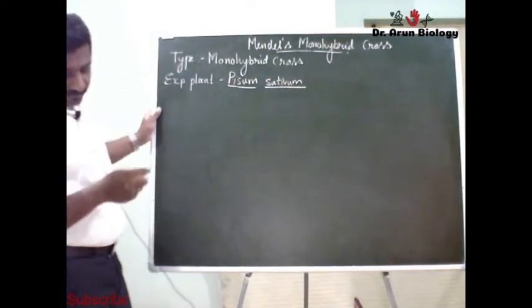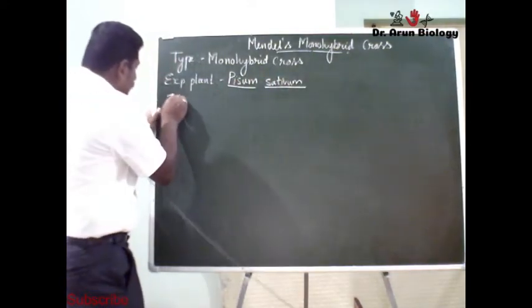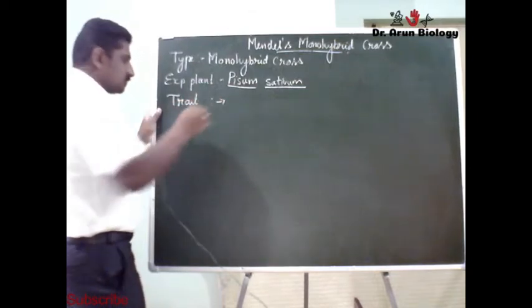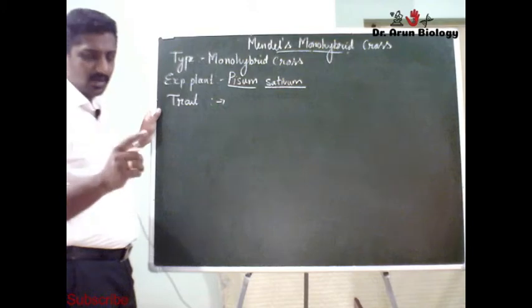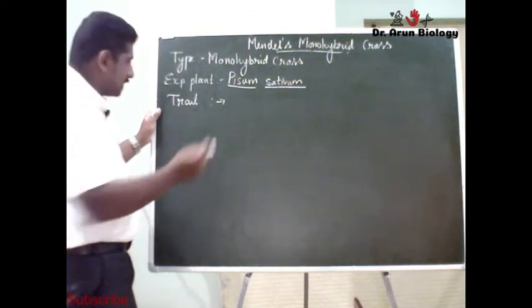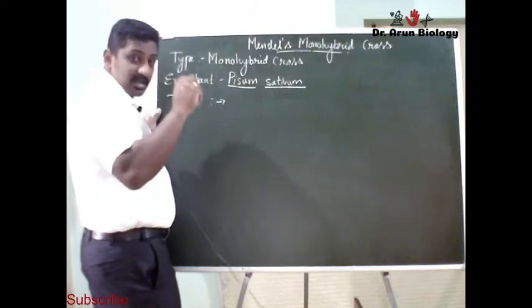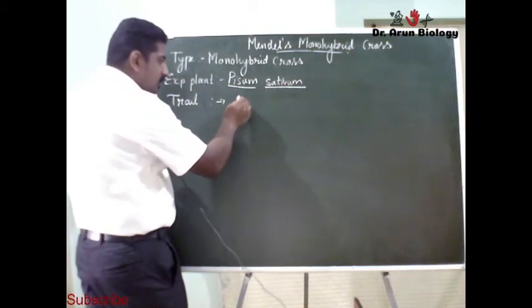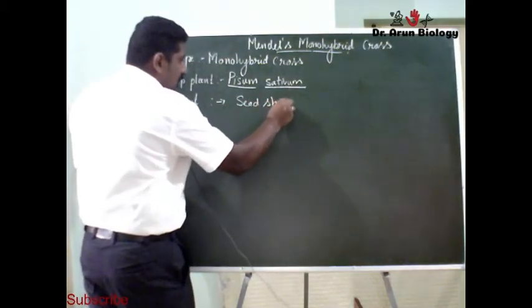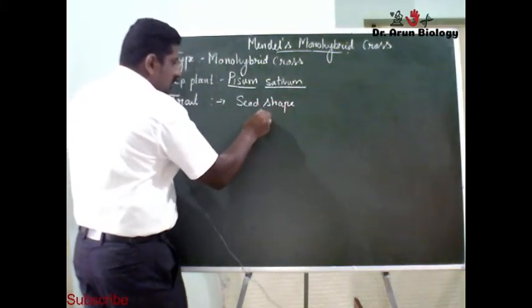Okay, fine. After this, what we have to go for is the trait. There are a lot of traits, children. Among them, I can choose any one of the traits, and maybe I can take seed shape. In your textbook it is stem height, and here we perform with seed shape as the trait. Among the seed shape, there were two important traits.